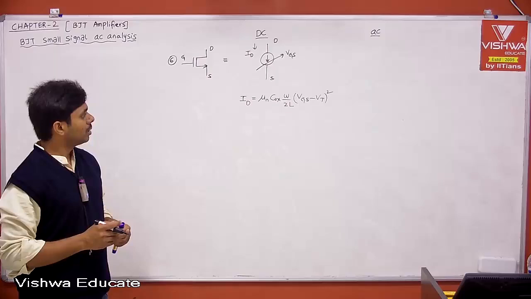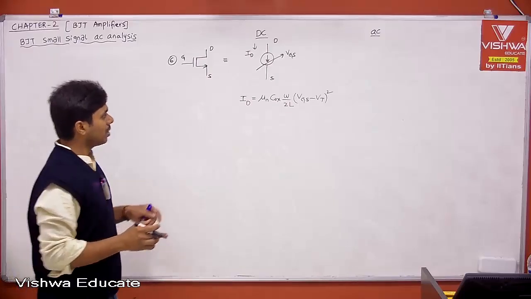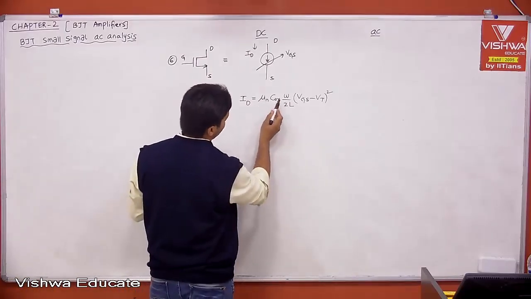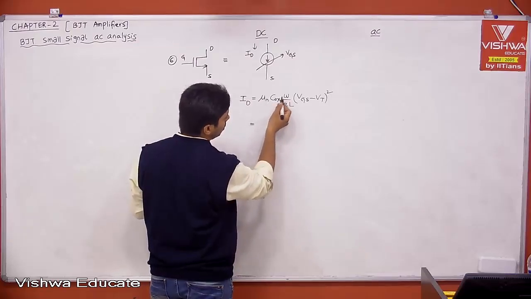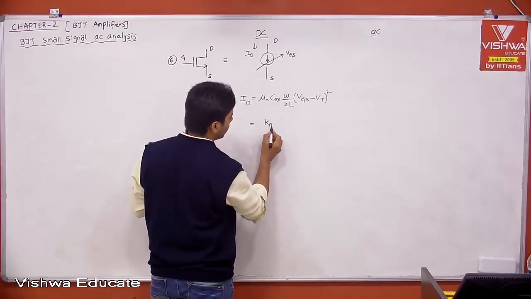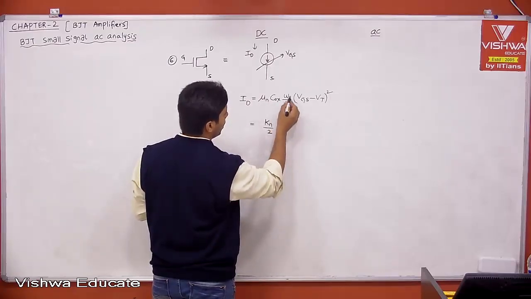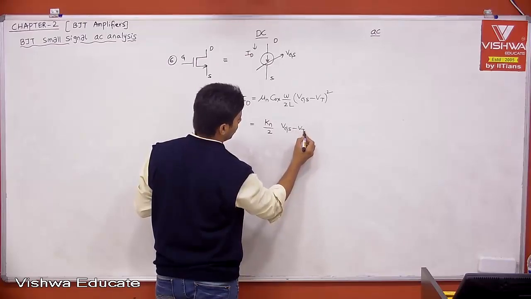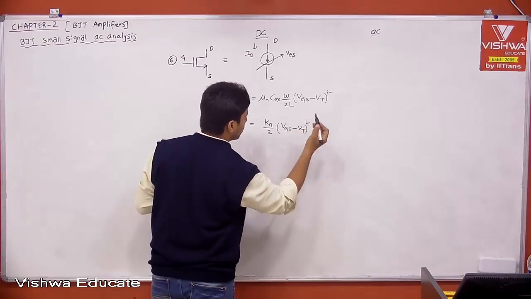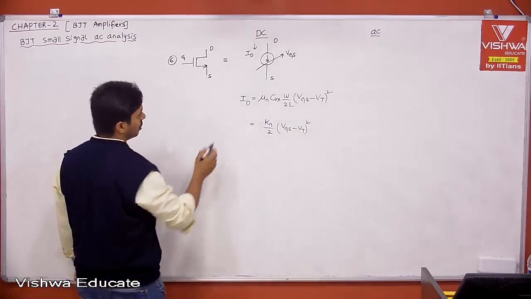Because normally people call mu n Cox W by L a process dependent parameter, or device transconductance, which is Kn by 2, where Kn is mu n Cox W by L, into (VGS minus VT) whole square. This is what your ID is.